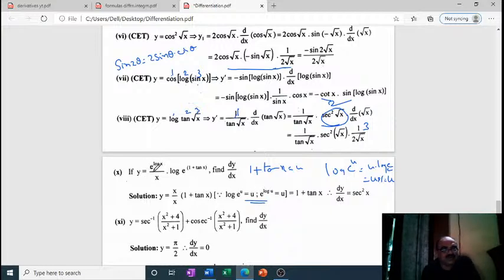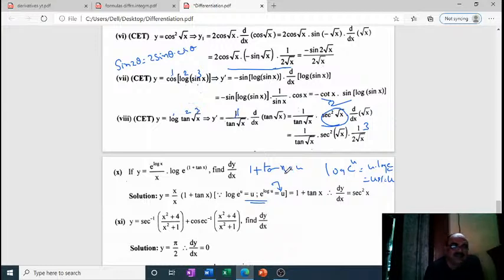Similarly, this also, take it as e power log u. E power log u equals u.